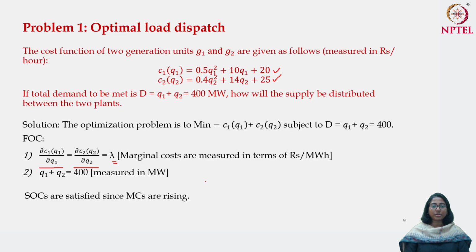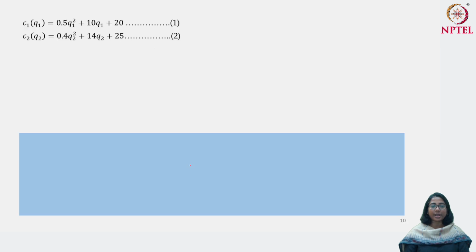Here I have to calculate the marginal cost for the first and second generation unit, and set them equal to lambda. So let us first have a look at the marginal cost curves. This is the cost curve of the first generation unit and this is the cost curve of the second generation unit.